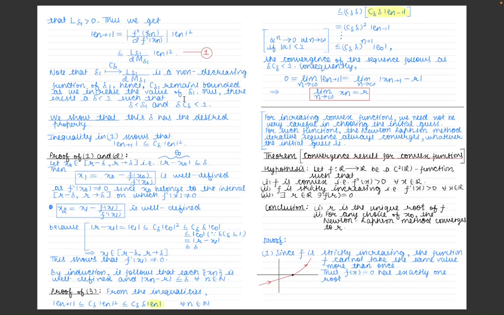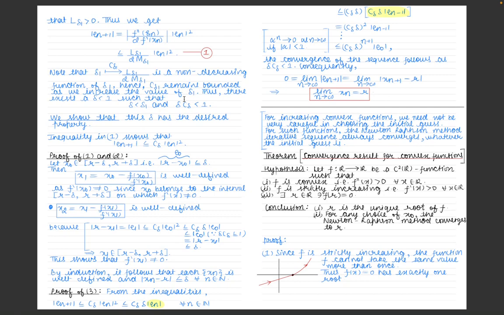So you just note that delta 1 goes to L delta 1 by 2 times m delta 1 is an increasing, that is non decreasing function of delta 1. Because if you take smaller delta, then your maximum will also be smaller, right?